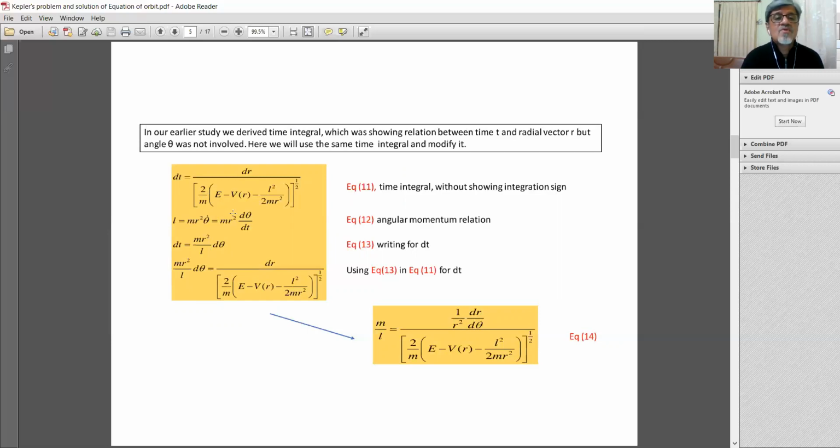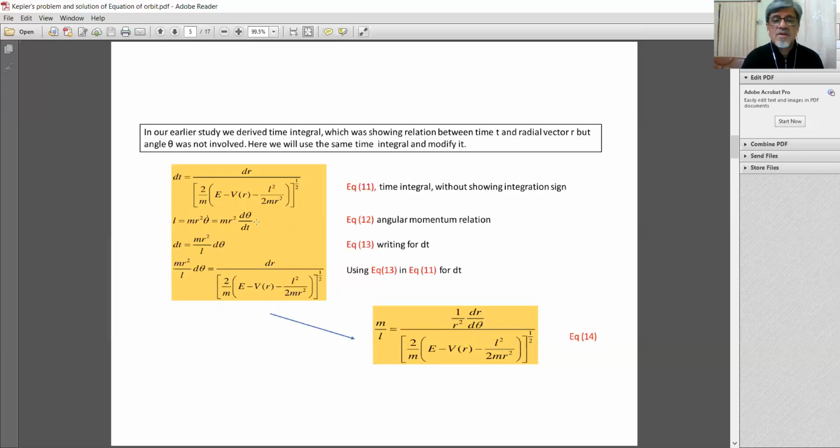So now again using the standard integration values. We have already derived in our earlier lectures that the angular momentum L can be represented as m r square theta dot, and that can be represented as m r square d theta by dt. So we call it equation number 12.